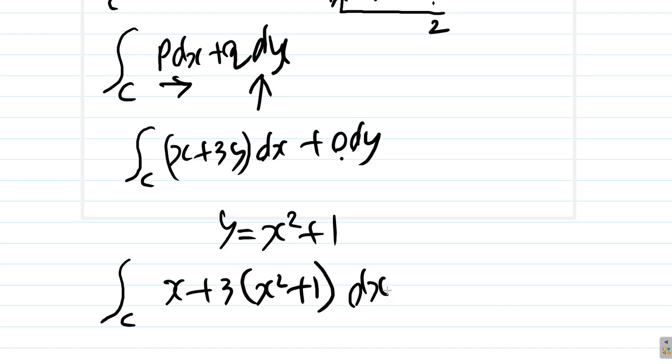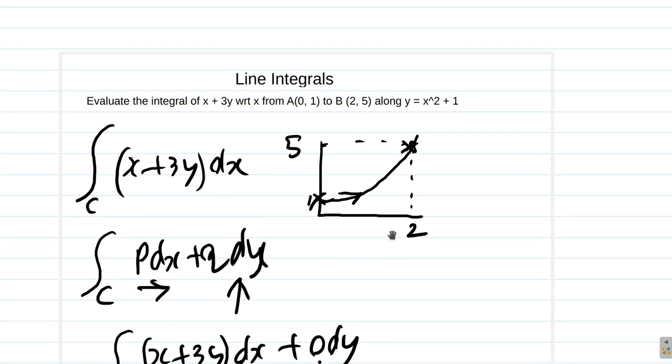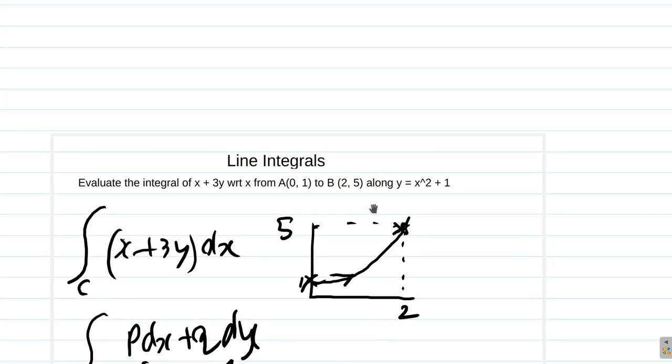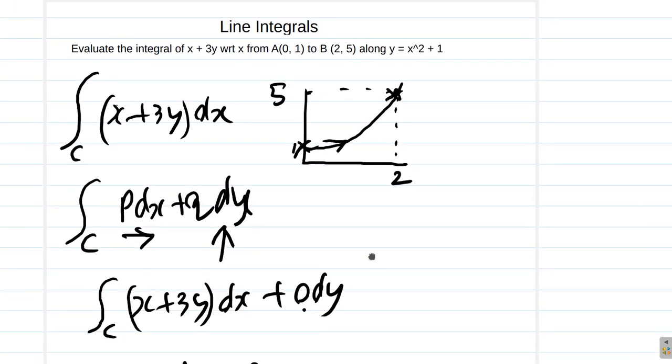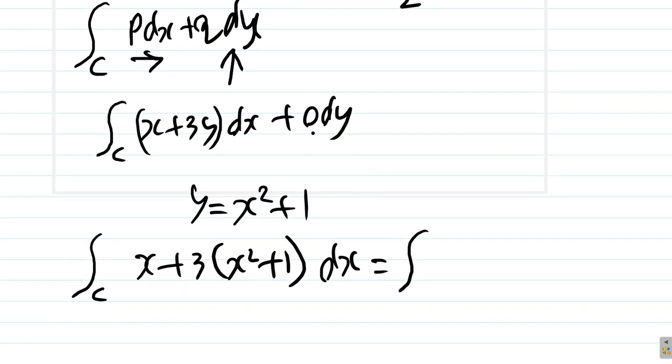There's no dy, no y component. So then, since this is dx, you're looking for the starting point at x and the end point at x. Based on the coordinates, it's from 0 to 2.